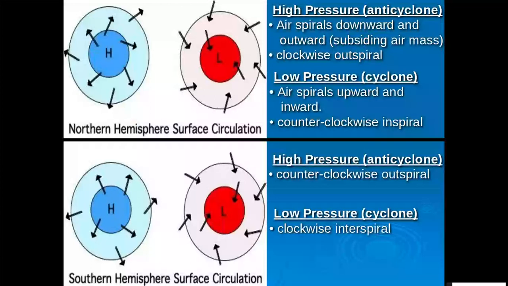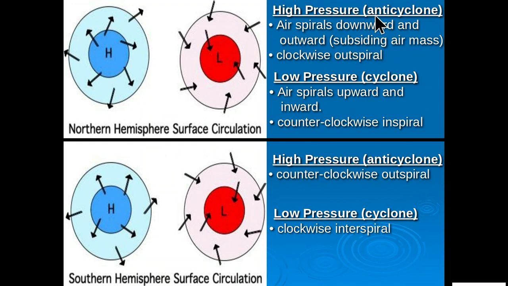systems. So in this first slide, we are looking at the northern hemisphere. And again, that's where winds and processes in the atmosphere are deflected to the right. And in terms of the high pressure system, now we're going to refer to that as an anticyclone.